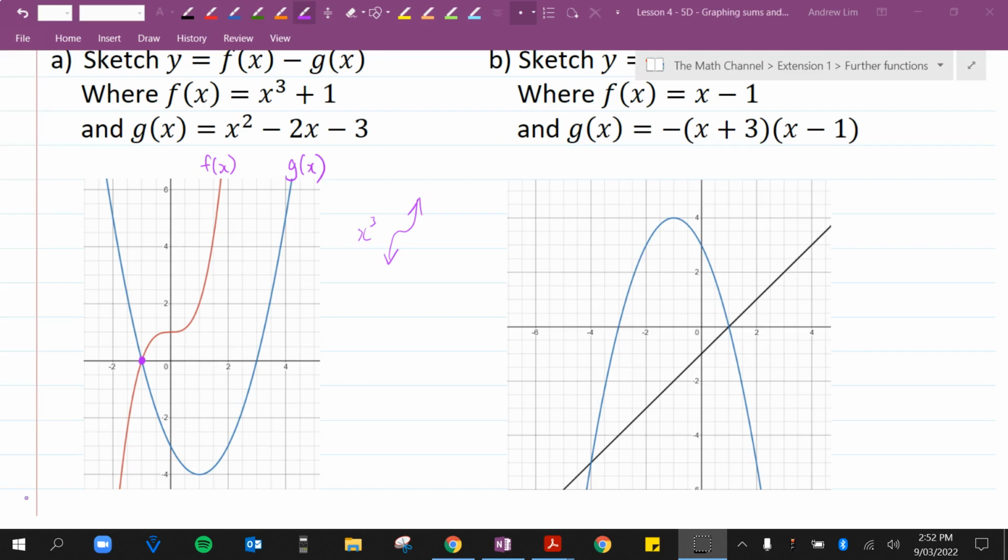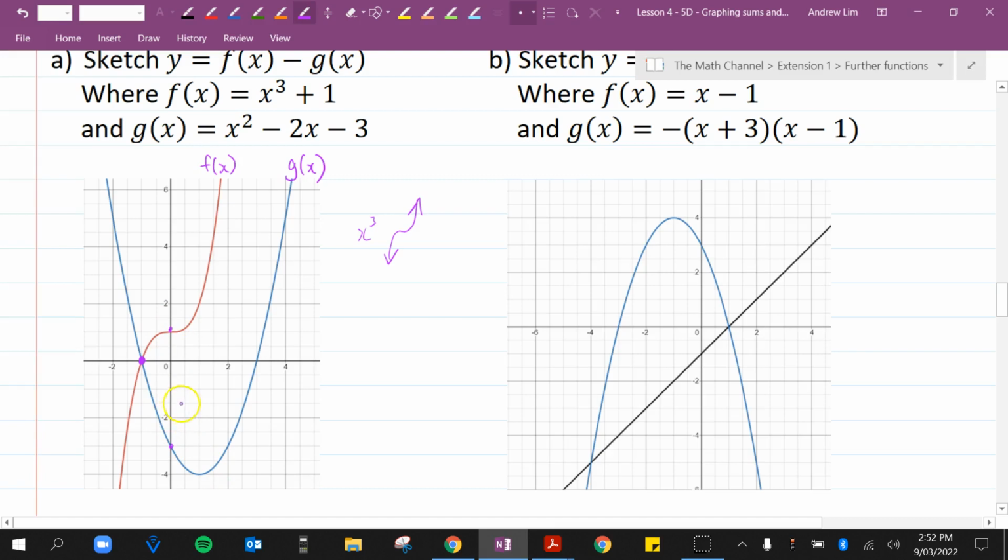Anything else? No, I think I will start looking for some easy y values to subtract. So here we've got a y value of 1, a y value of minus 3. So just be careful, remember it's red minus blue.